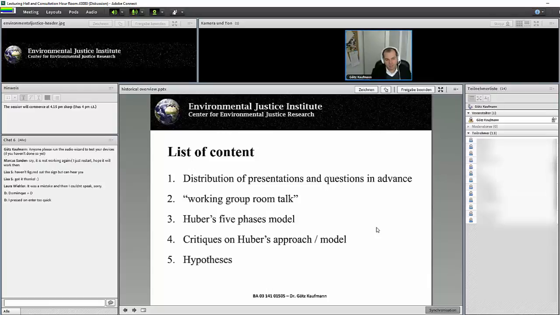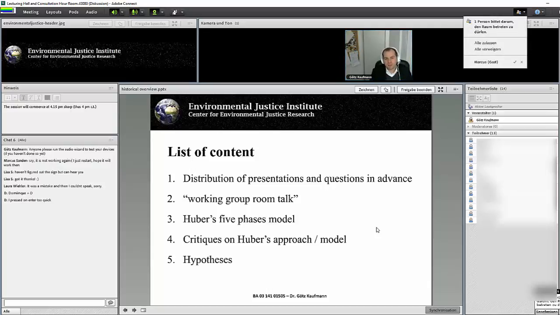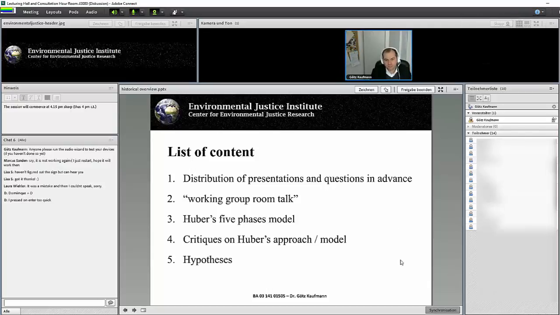Afterwards, I will throw you into different working groups to work separately on some issues, and after that I summarize Huber's 5 phases model, also in consideration of other sociologists who have adopted, knowingly or not, his categorization. I will conclude with some critique of Huber, which also will be one of the foci you should discuss in the working groups.